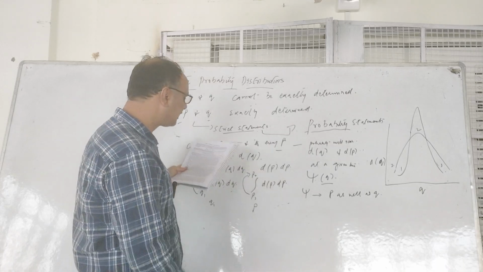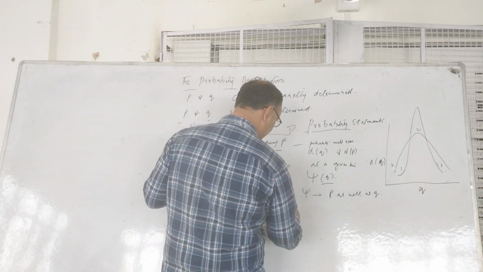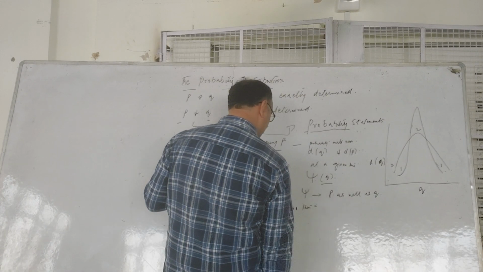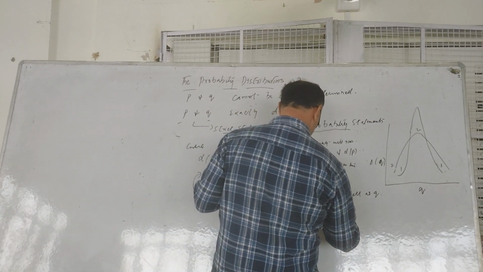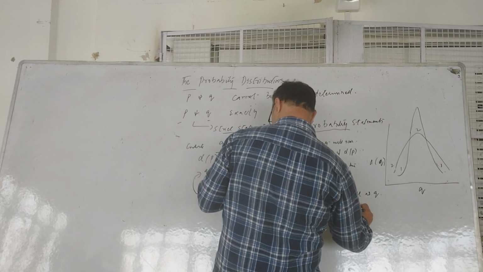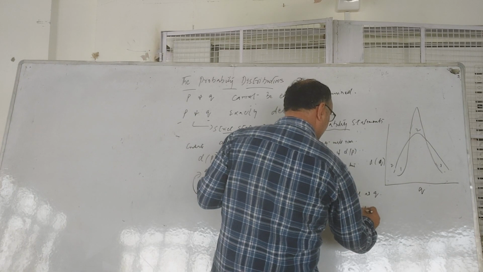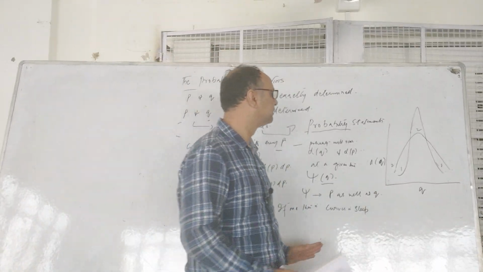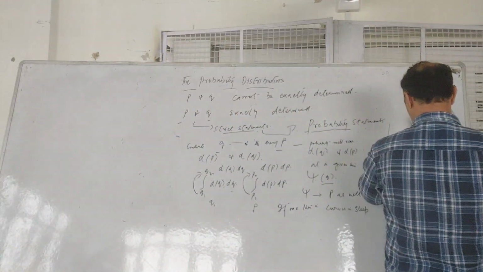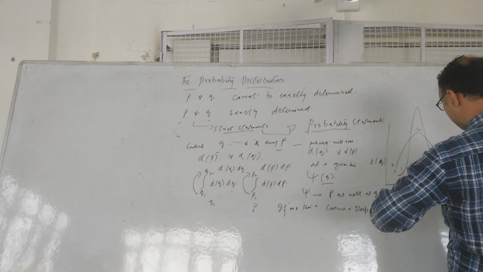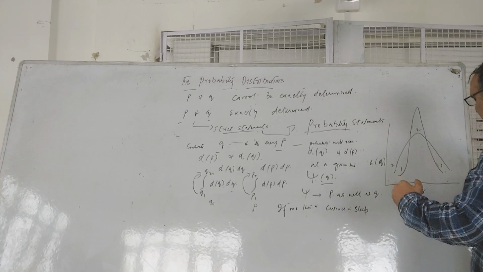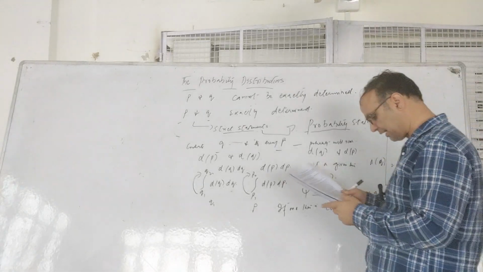Which means that if one of the curves is steep, the other will be rather flat. If it is steep, the other will be flat.